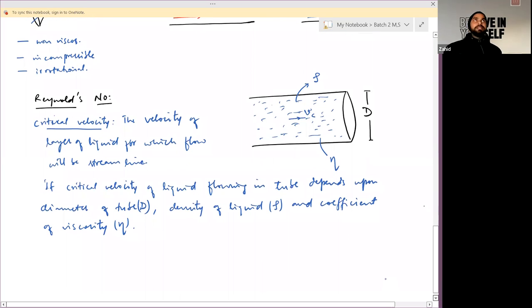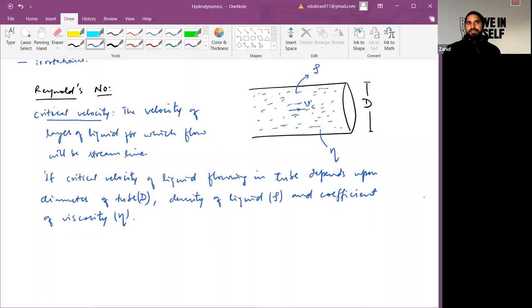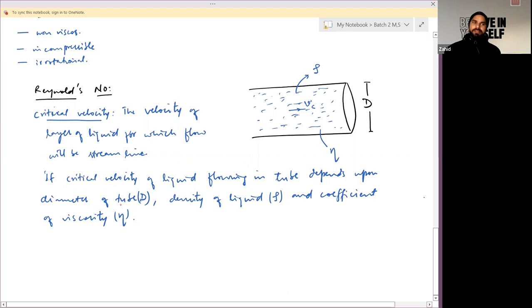We had learned in chapter 2, dimensional analysis, the application of dimensional analysis, how to deduce the relationship between different physical quantities. So first, we have to define which quantity is depending on what. So we have critical velocity, which depends upon three different factors: diameter of tube, density of liquid, and coefficient of viscosity.